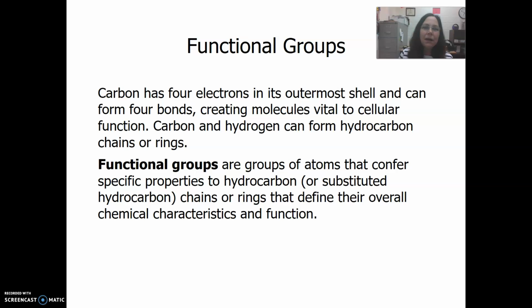Okay, so we're going to talk about carbon now. Carbon is special in living things, in organisms, because carbon is an atom that's able to form 4 chemical bonds. It has 4 electrons in its outermost shell, and it can form 4 chemical bonds, which is the largest number of bonds that any atom can form.